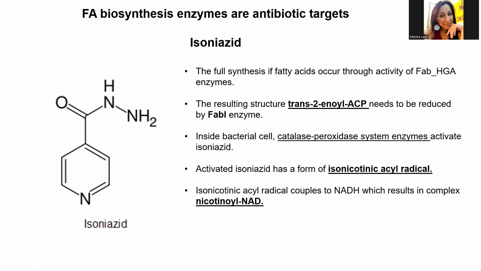So why does this matter? When it binds that NADH, this whole structure, the nicotinyl acyl NAD, binds to FabI. So the bacteria literally made a structure that will inhibit its own enzyme. And when this structure binds to FabI, FabI cannot complete the final reduction of trans-enoyl coenzyme.